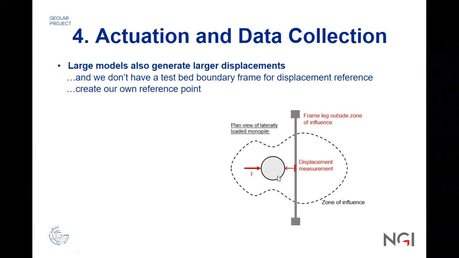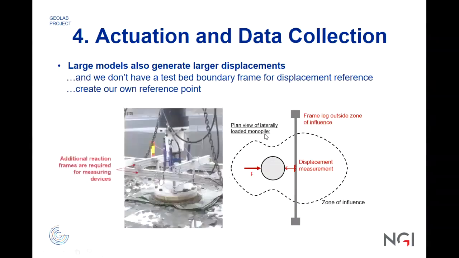As you can see in these figures, they have put in a frame leg outside the zone of influence of the test in order to have a reference point. That is how it looks in reality. Additional reaction frames were put in for measuring devices for PI tests in the field.